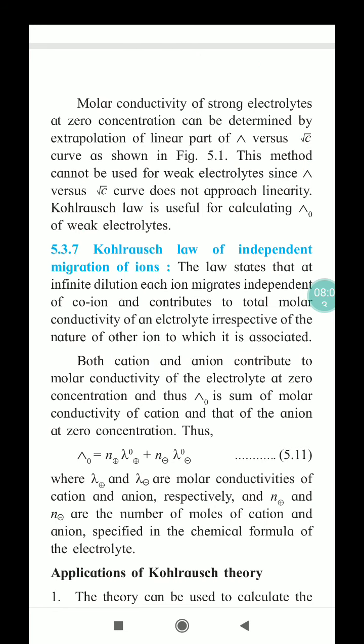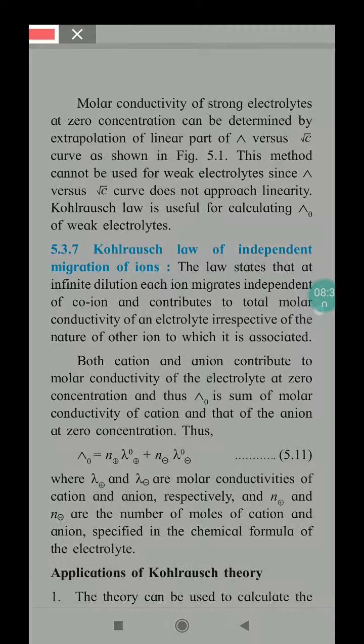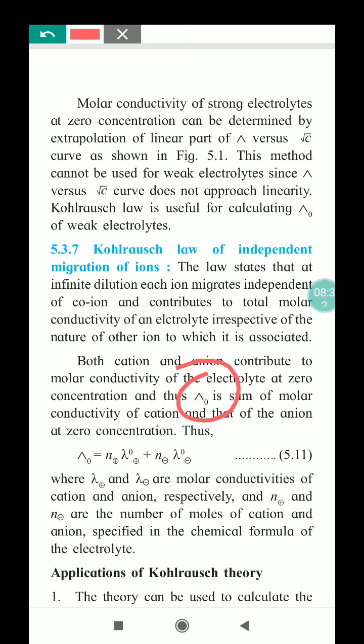So this is independent of its co-ion and contributes to the total molar conductivity of an electrolyte irrespective of the nature of the other ion to which it is dissociated. Both anion and cation contribute to the molar conductivity of the electrolyte at 0 concentration. Therefore, molar conductivity at 0 concentration is represented by lambda 0.